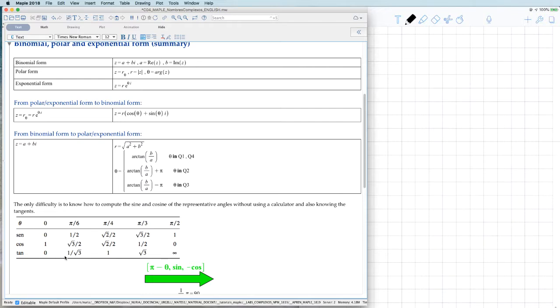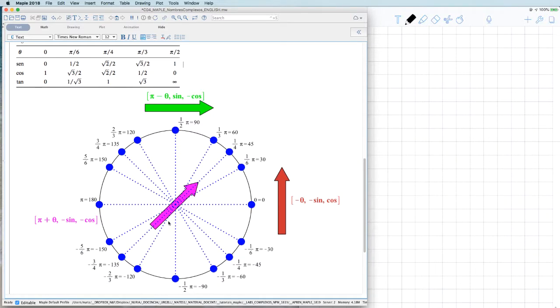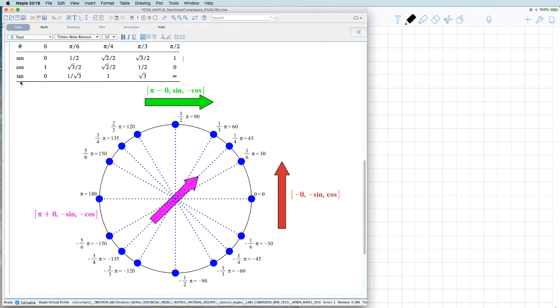We have to remember this table here, which gives us the angles in the first quadrant, so it's 0, 30, 45, 60, and 90, and then we need to know if we need the sine, cosine or tangent of a number in the second, third, or fourth quadrant. We need to know these expressions. So how to move from the second to the first? We do pi minus the angle, and we change the sign of the cosine.